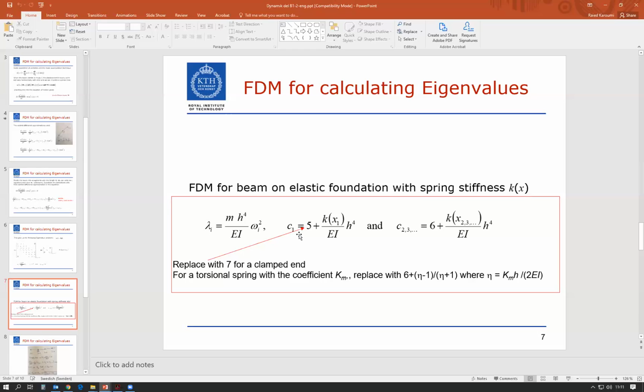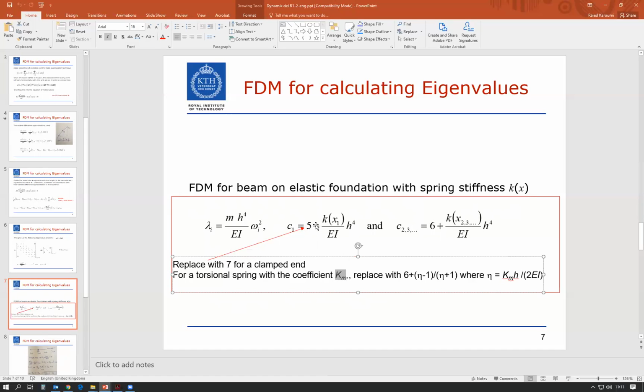As I said, depending on the problem, if we want to analyze a beam with clamped ends, then the 5 should be replaced with a 7. But we can also analyze more complicated beams, for example, beams which have a torsional spring Km at the boundary.